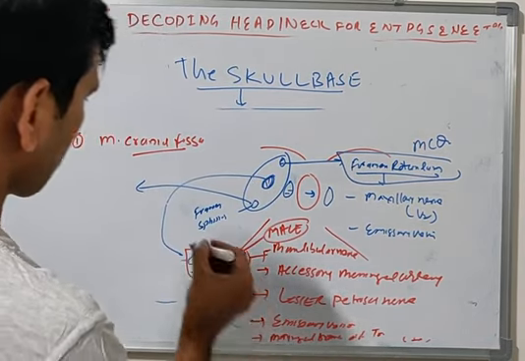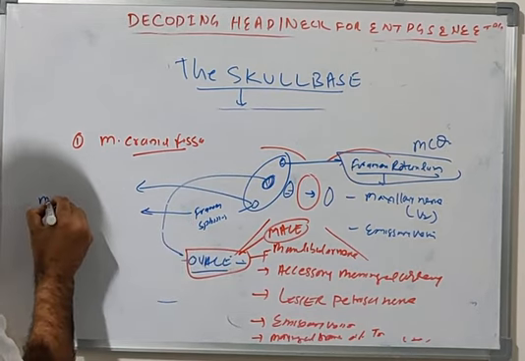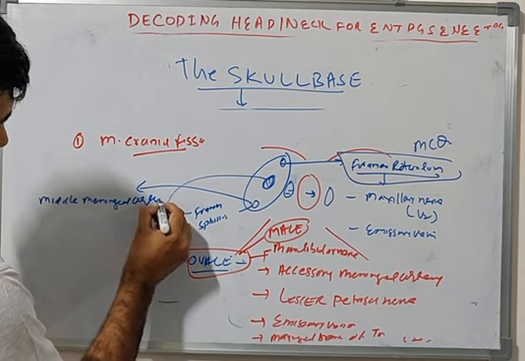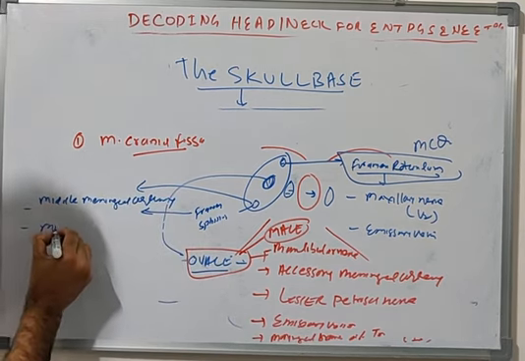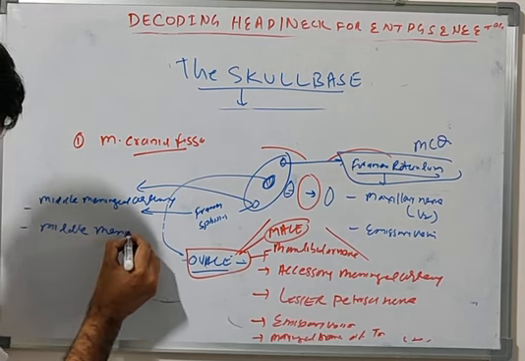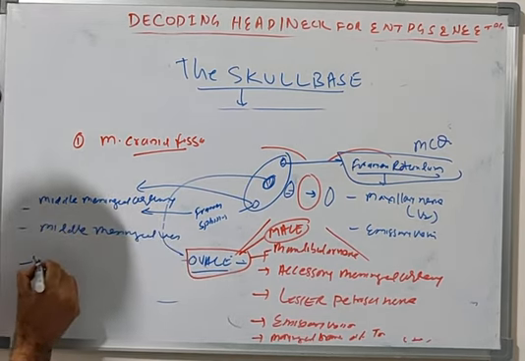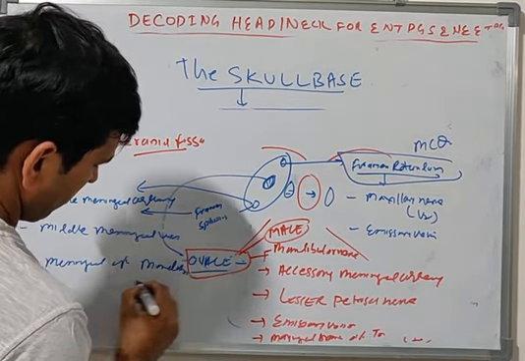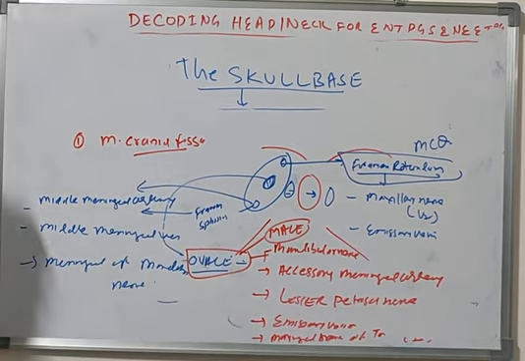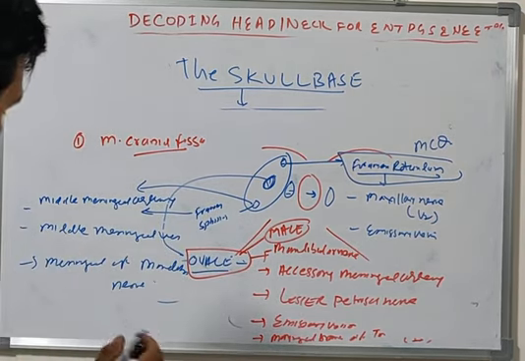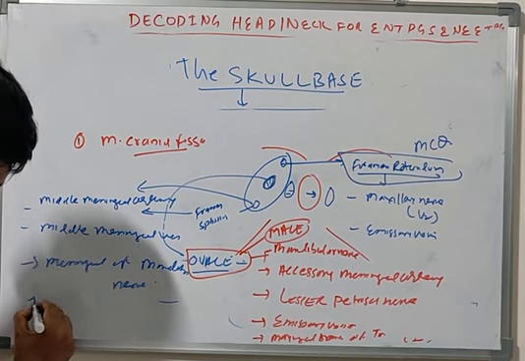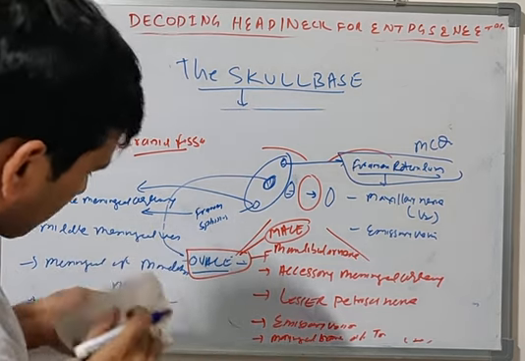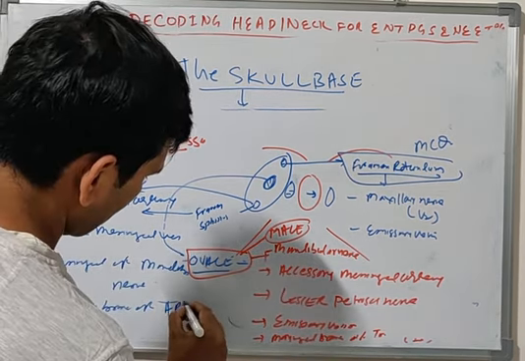Structures passing through foramen spinosum are the middle meningeal artery, middle meningeal vein, and the meningeal branch of mandibular nerve. Sometimes there is also a meningeal branch of the ascending pharyngeal artery.